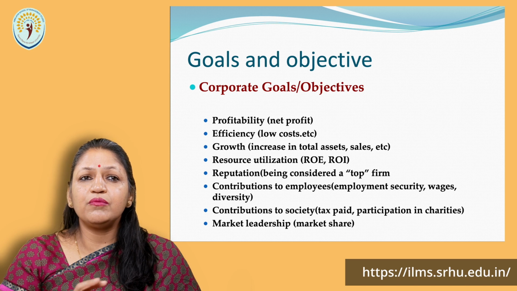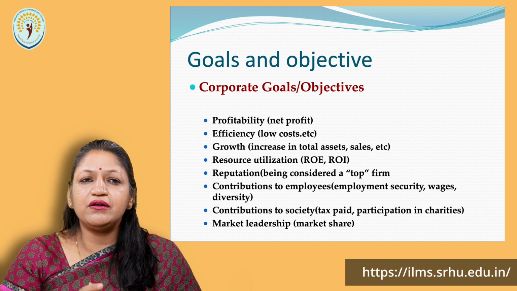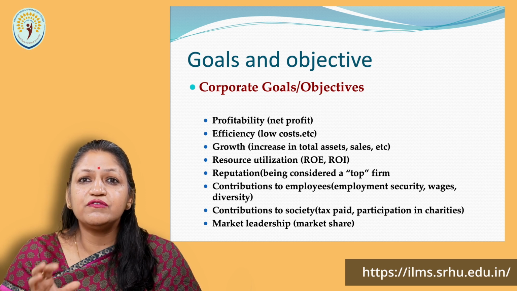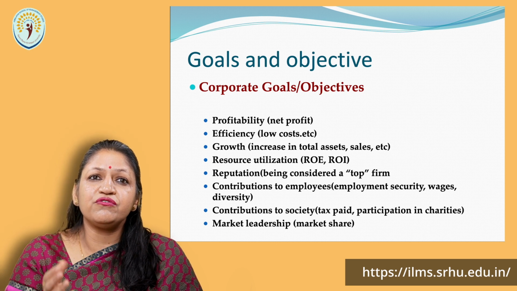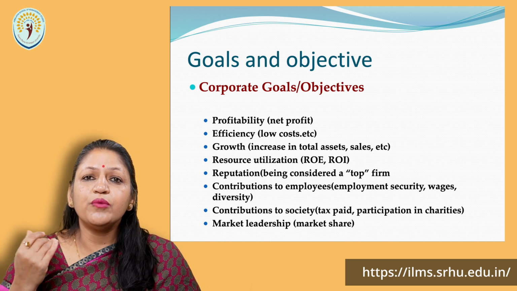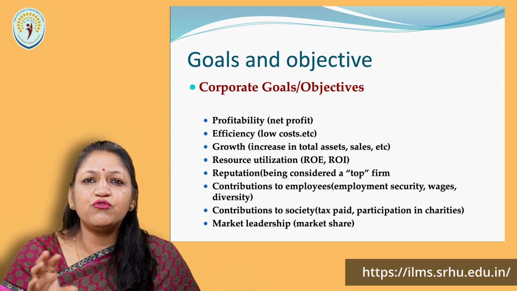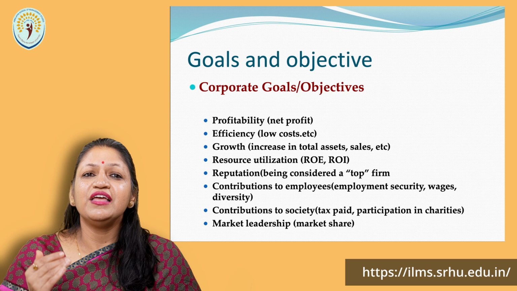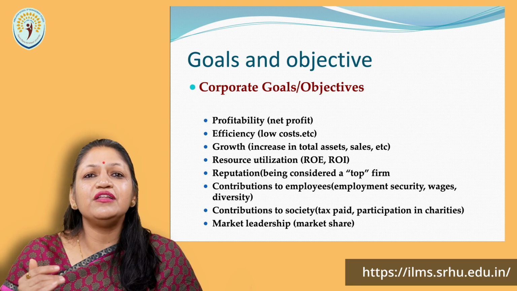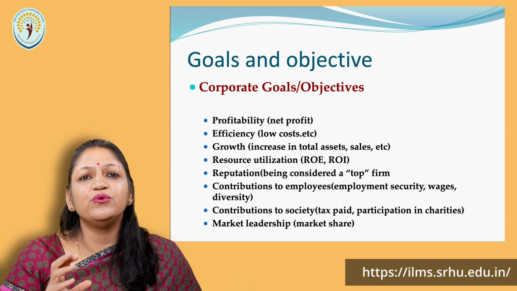Mission and vision are not exactly vague, but they do not give us very quantitative figures which we have to achieve. So when the vision and mission get translated into objectives, there is some kind of quantification which comes in, and this quantification helps in evaluating the strategy when we have to do so.